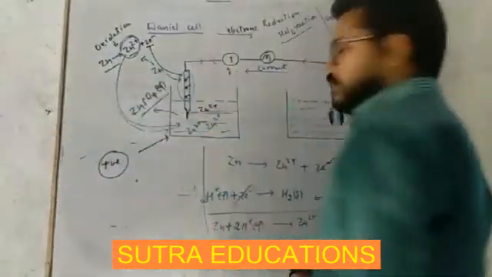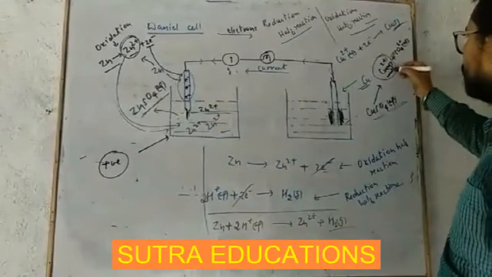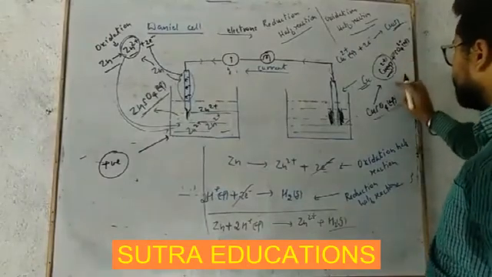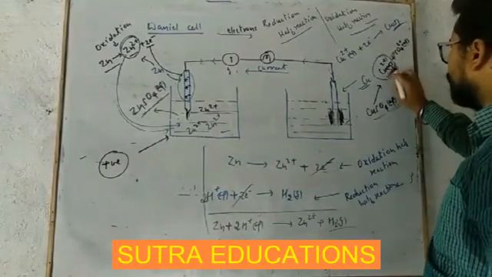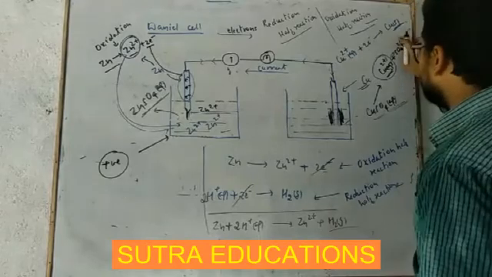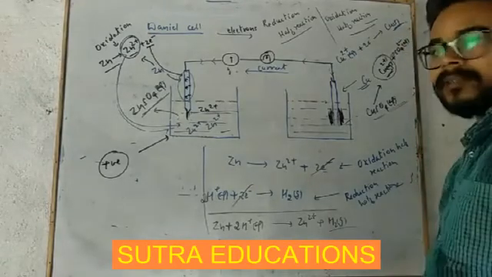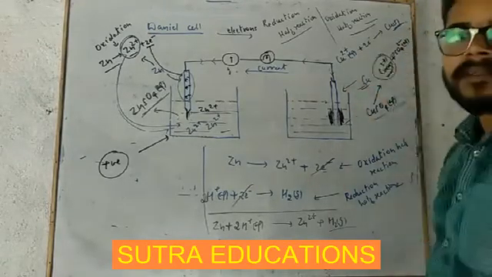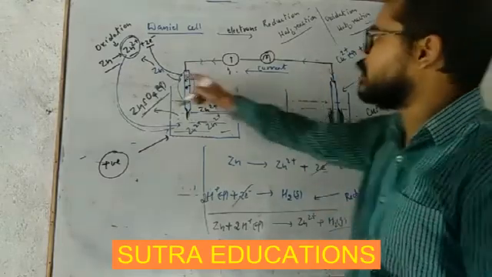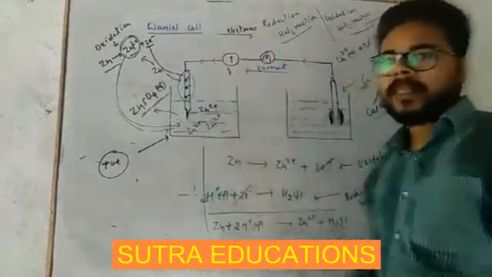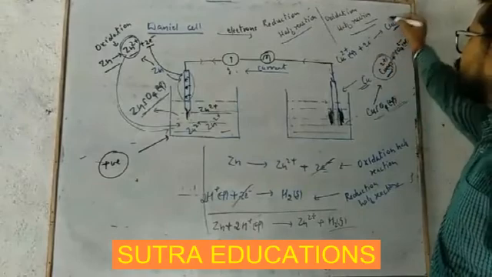And here this copper sulfate is breaking into Cu2+ and SO4 2-. This Cu2+ is accepting electrons coming from this container and getting converted into copper.